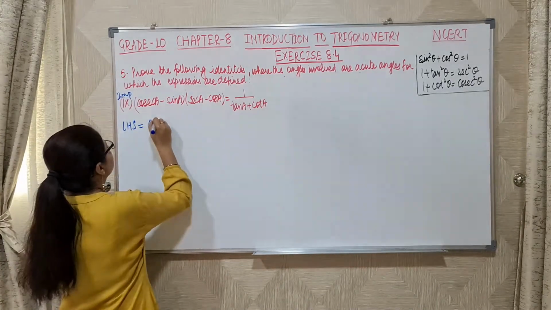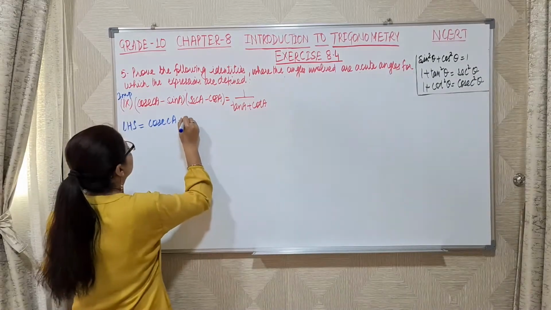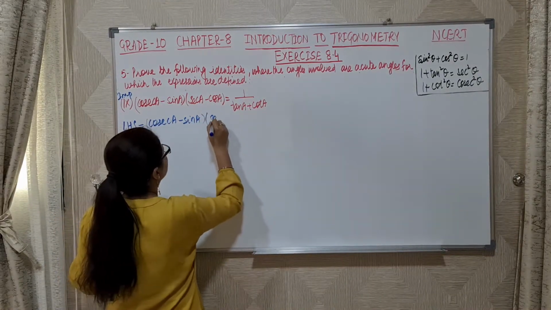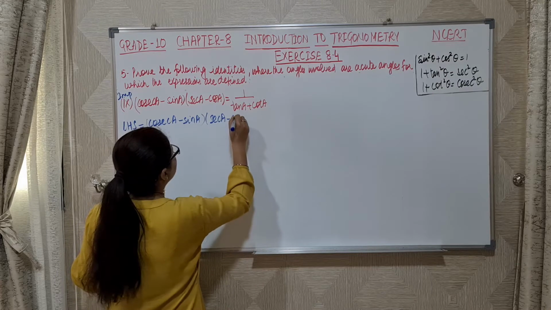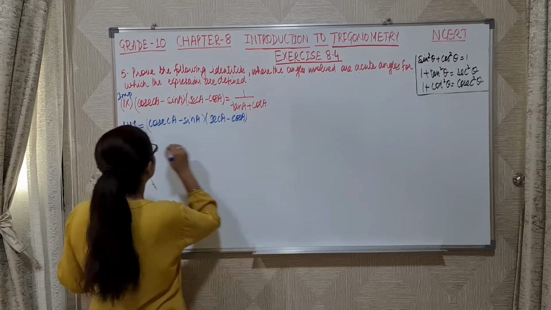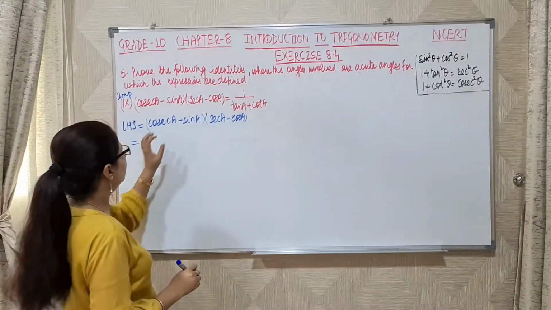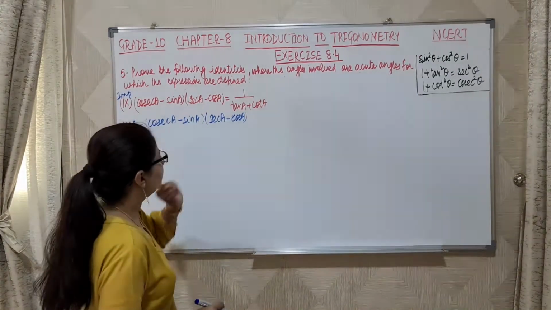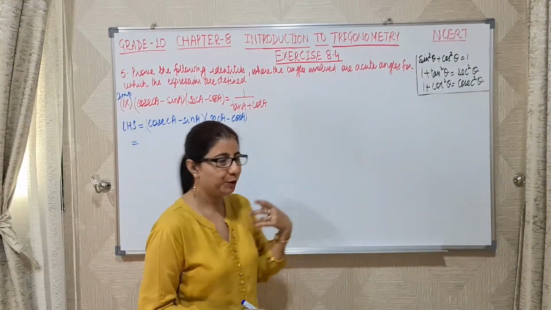Left hand side is cosecant A minus sin A, secant A minus cos A. Since no identity is possible right now, what was our second option? Convert this cosecant and secant in terms of sine and cos.